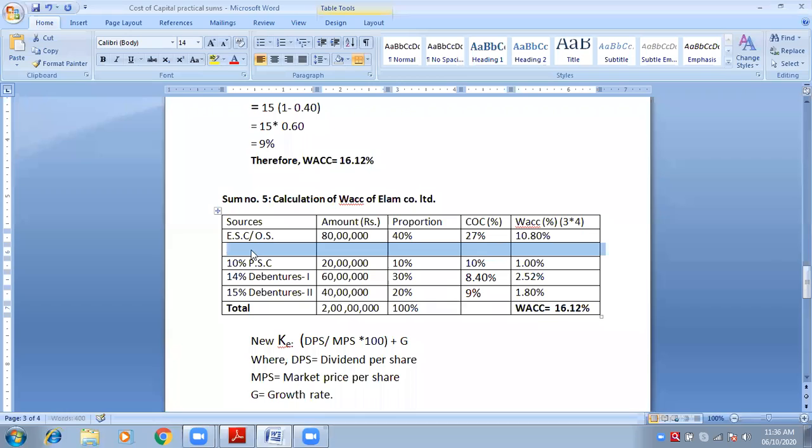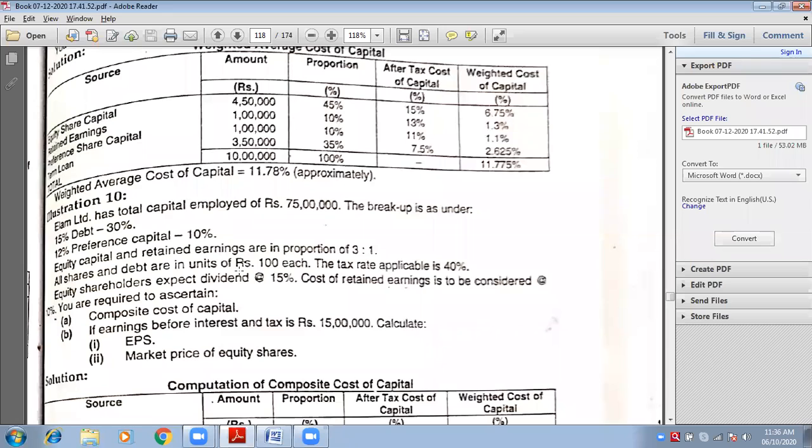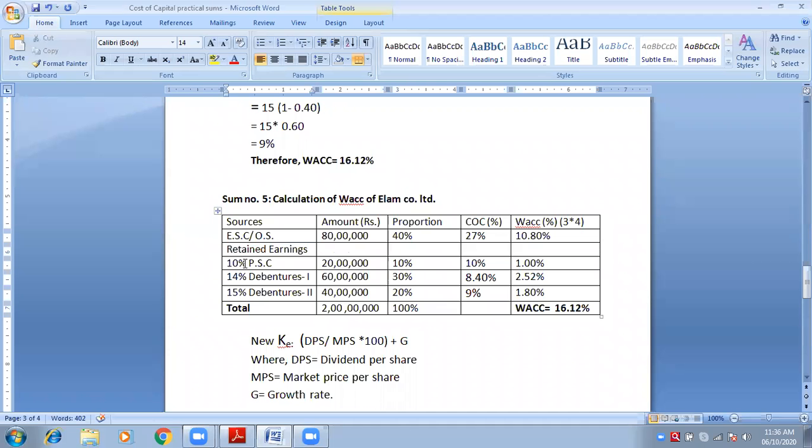After equity shares, we will add one more column, and that is retained earnings. Okay. And what about preference shares? It is 12 percentage and debt is 15. This is 12 and this is 15. This will be deleted.